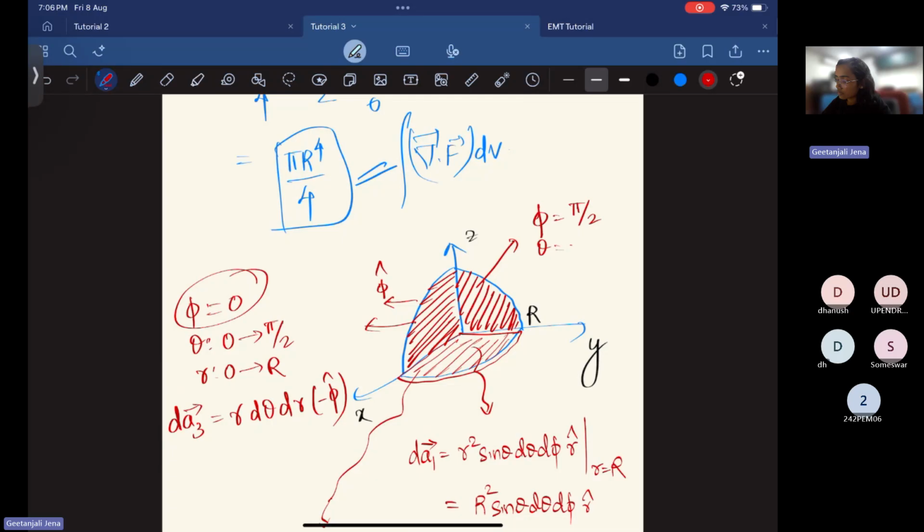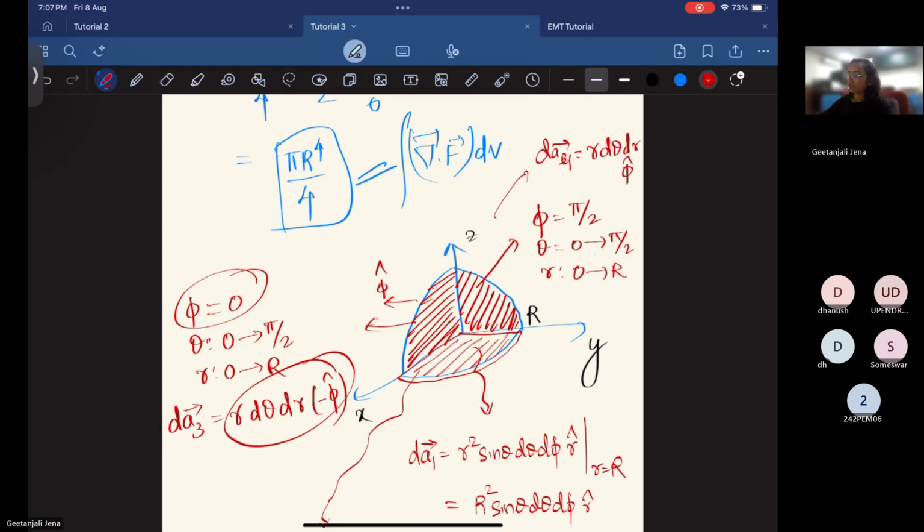Theta is changing from 0 to pi by 2, and r is changing from 0 to R. So the area element dA4 is similar to r d theta dr, but the unit vector is in the positive direction and phi is pi by 2. So r d theta dr phi cap. Okay, so this is all about finding the area element of the different surfaces.